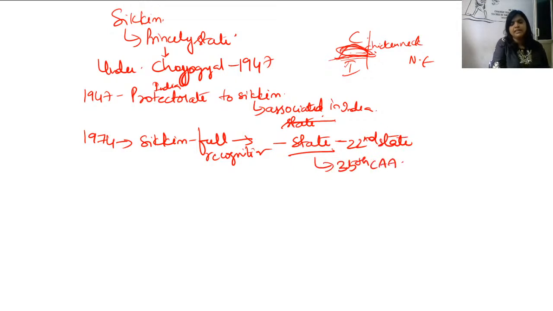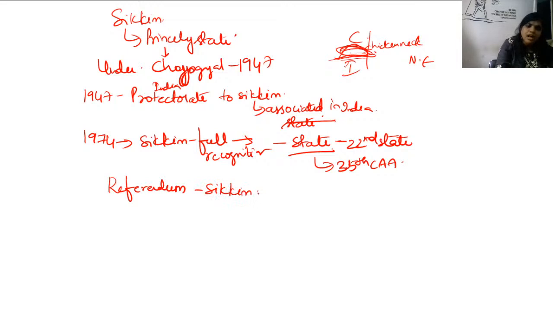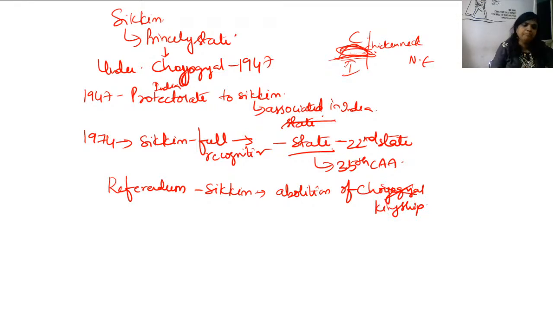The 35th Constitutional Amendment Act cancelled the associated state status of Sikkim and gave complete statehood. Before this, a referendum was conducted in Sikkim, and people demanded abolition of the Chogyal, the kingship. That's how Sikkim became a complete part of India.